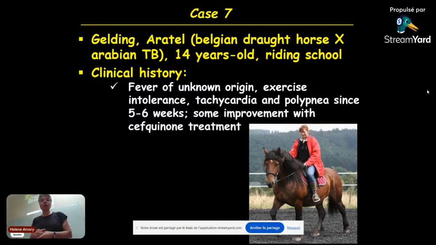He is 14 years old, and he was presented because of fever of unknown origin, exercise intolerance, tachycardia and polypnea for a few weeks. The vets gave antibiotic treatment, he was a little bit better, and after that the problem was recurrent.